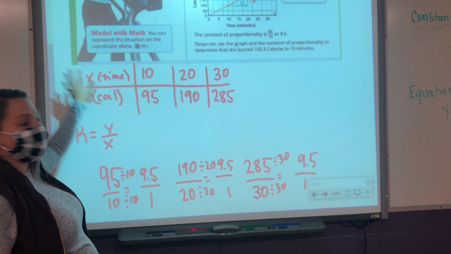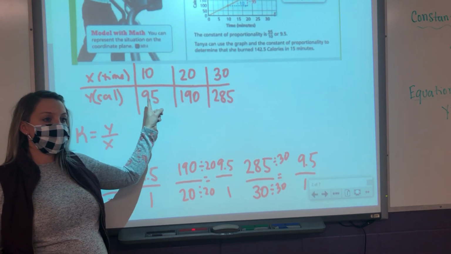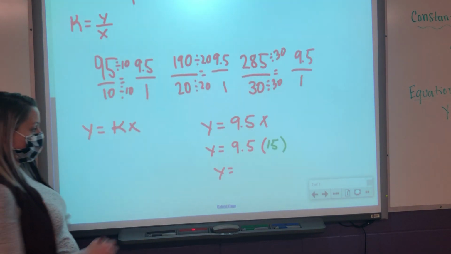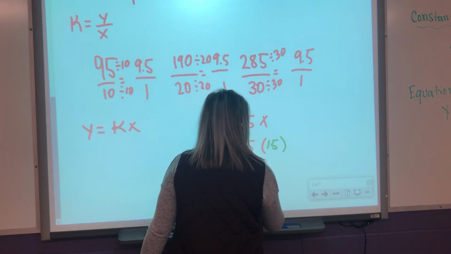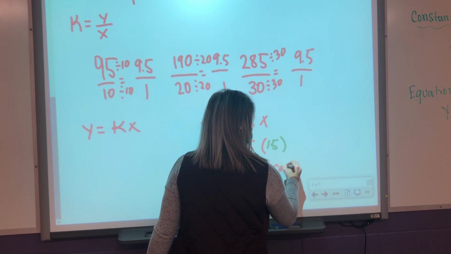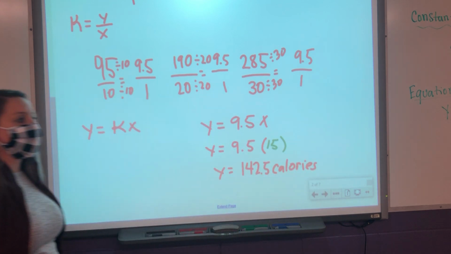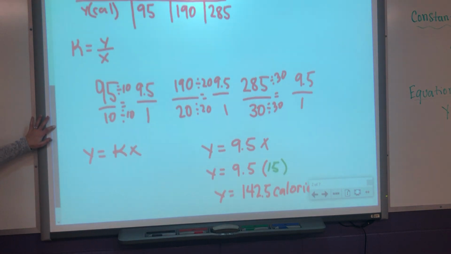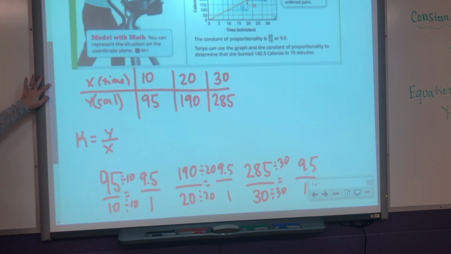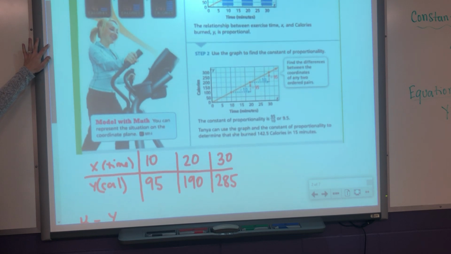Okay. Is that reasonable? Okay, so Mason just said yes. Mason, how do you know that answer is reasonable? Because it's below 190, it's above 95.